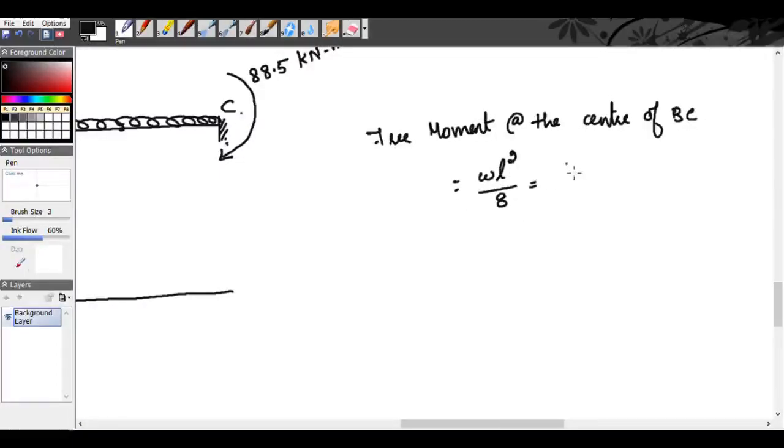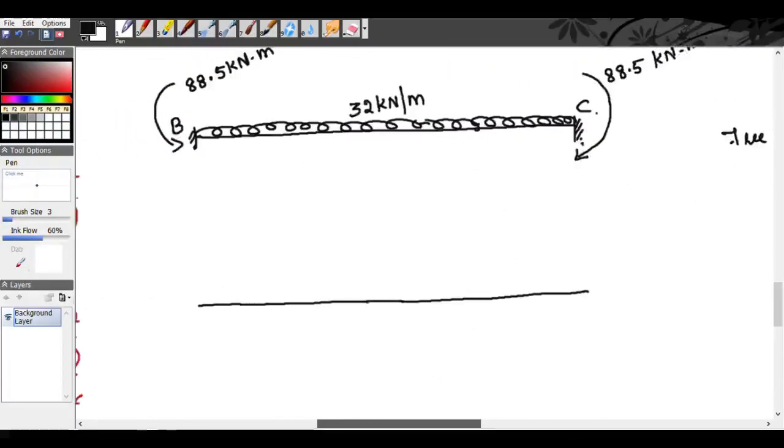So that is 32 into 6 square divided by 8. We will get 144 kilonewton meter.